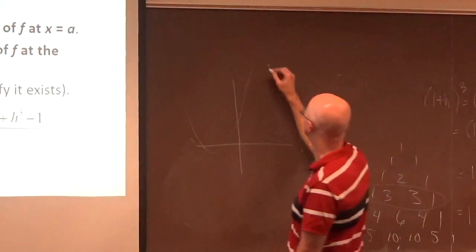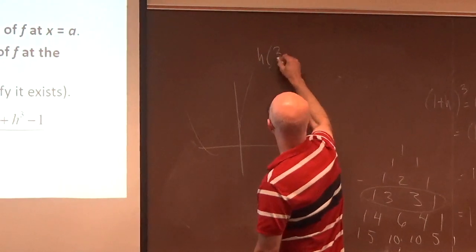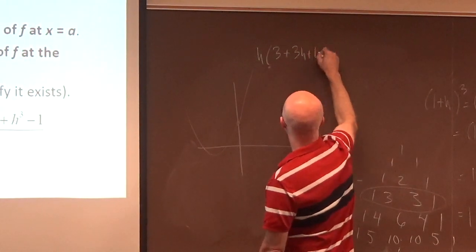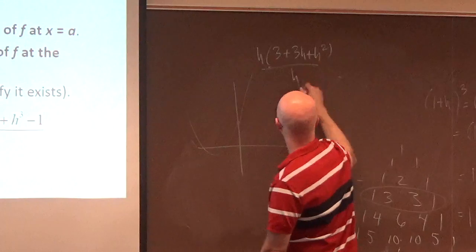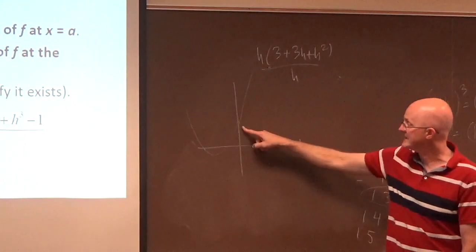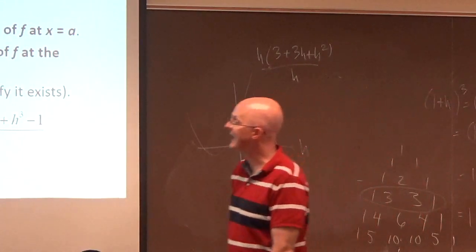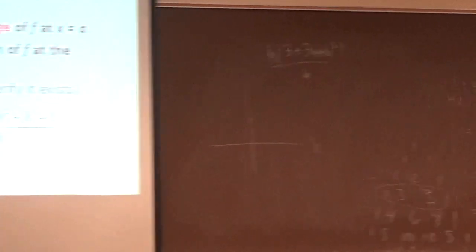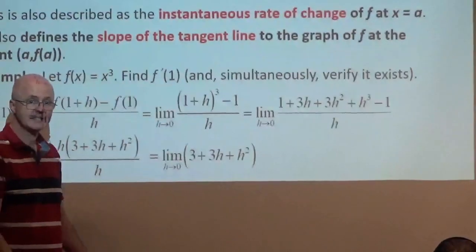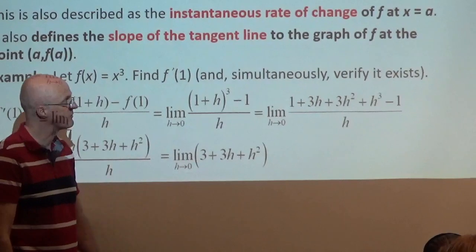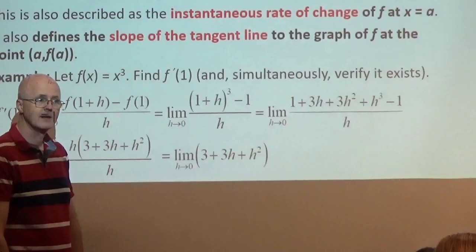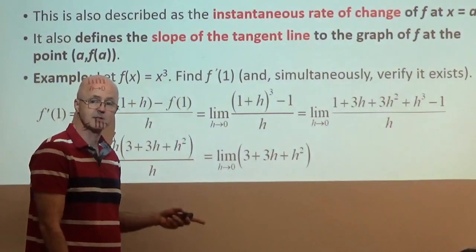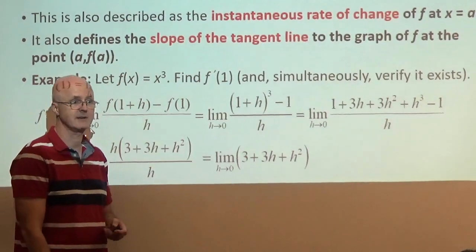This is the graph of the original function. There's a point missing, but by dividing out the h's and getting this function fills in the hole. Its graph is that same parabola, but with the hole filled in. Its limit can be found just by substituting h equals 0 because it's continuous at h equals 0.